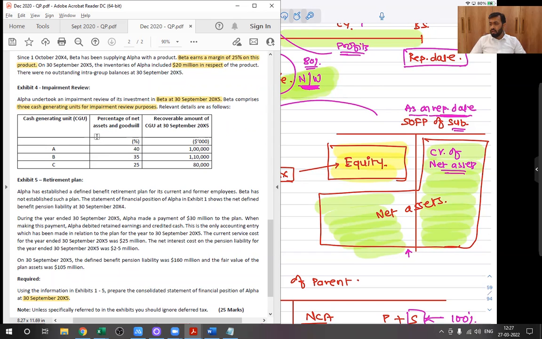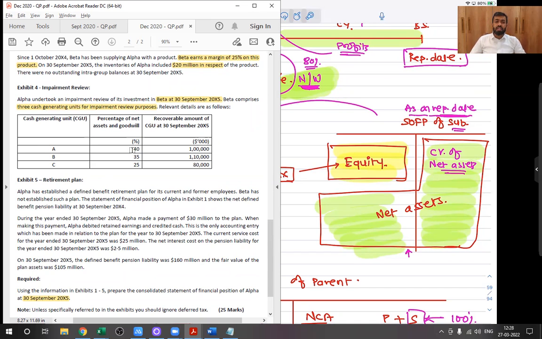So it's very clear that there will be goodwill on acquisition. By default, if there is information on impairment of goodwill, there is clear-cut information that there is goodwill. Am I right? So you don't have to think much about whether there will be a gain on bargain purchase or goodwill. It's clearly given in the example that it is goodwill.